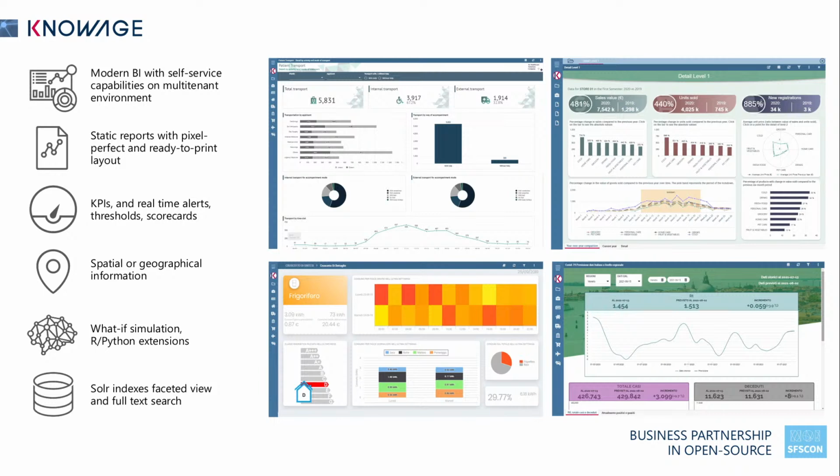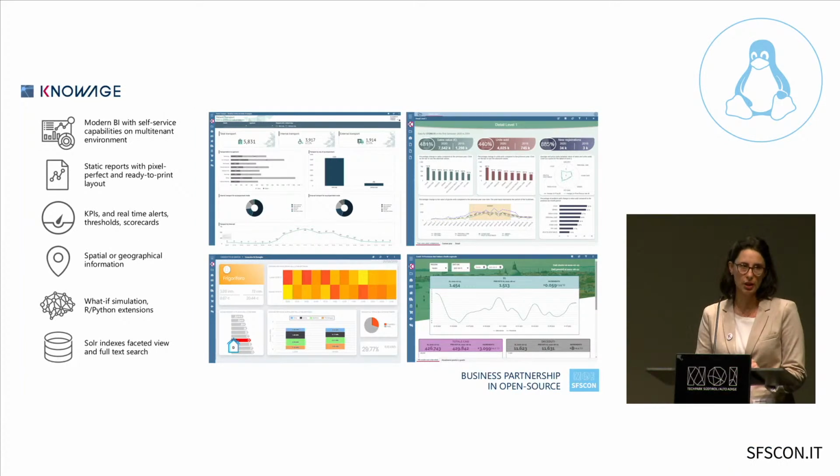You can do what-if simulation, display the results of your R and Python algorithms, use Solr and Elasticsearch indexes, faceted views, and full-text search. All this kind of analysis can coexist in the same interactive view.